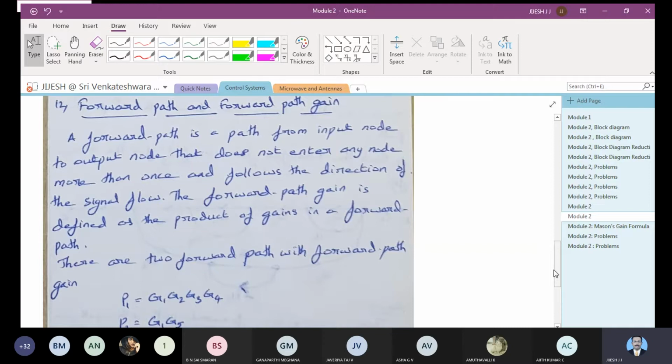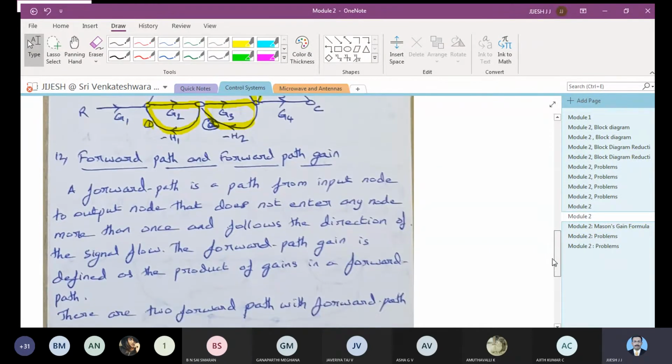So if you have completed forward path and forward path gain, yes, sir. Okay. So we will discuss that. Now just see this figure.